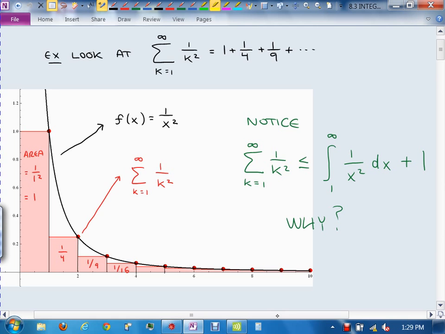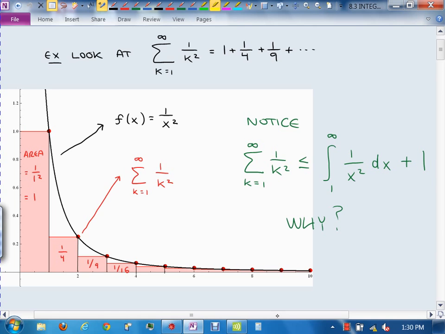So starting here and looking at the area from here on, do you agree that the area under the black curve is bigger than the sum of those rectangles? Right? Because it's adding that much more each time. So that's from 1 to infinity, but then I have to say plus 1 to cover this rectangle also. So the sum of all the rectangles is less than that integral plus that 1 that takes care of that rectangle right there. Do y'all see it?